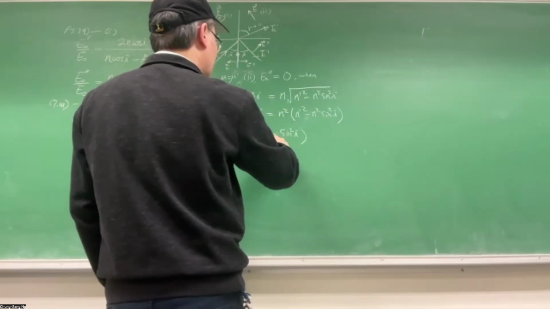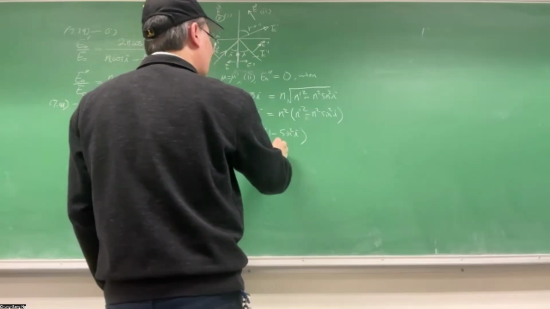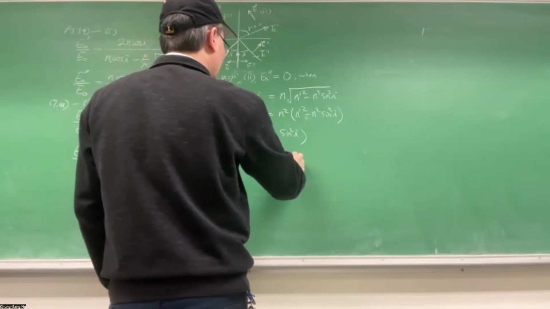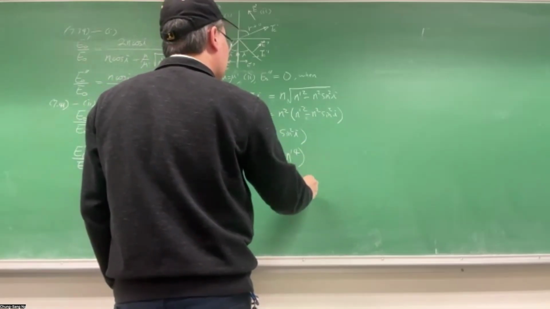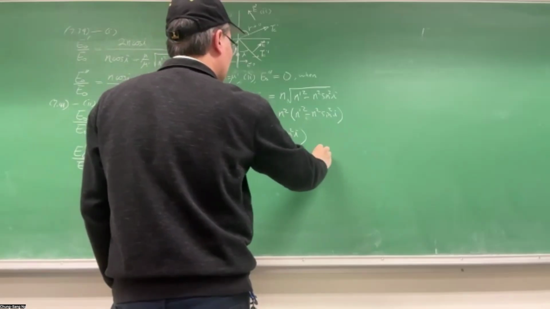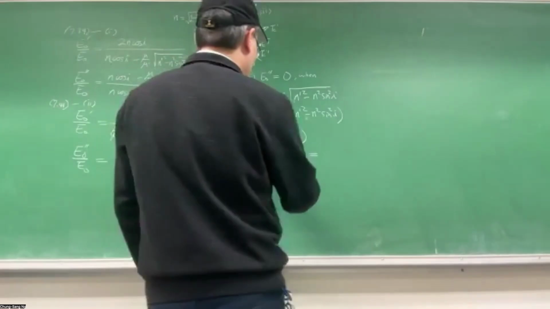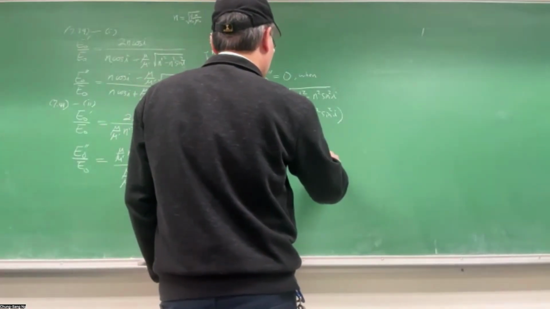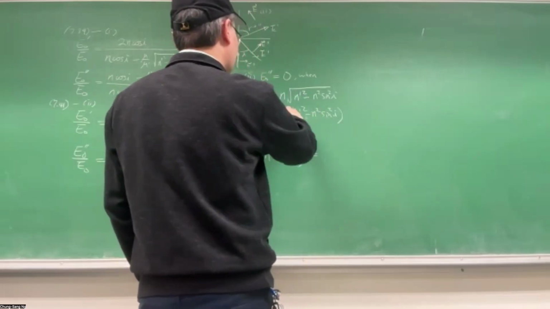This is minus, this moves to the other side and becomes plus n to the 4th power minus n prime to the 4th power equals, so move this to the other side.